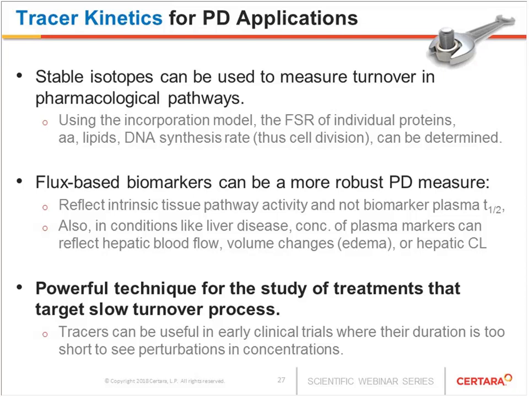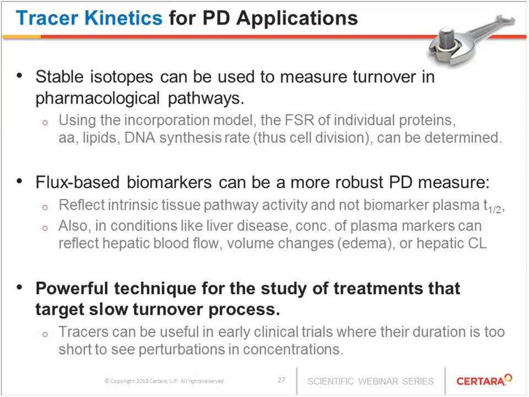Also, in certain circumstances, we can find that concentration-based biomarkers cannot be informative in conditions like liver disease, where concentrations change not because there are changes in intrinsic activity of whichever pathway we're trying to measure, but the changes in concentration reflect something else, like changes in hepatic blood flow, changes in volume of distribution, like edema, or changes in hepatic clearance. And that's something that flux-based biomarkers should be less affected by.